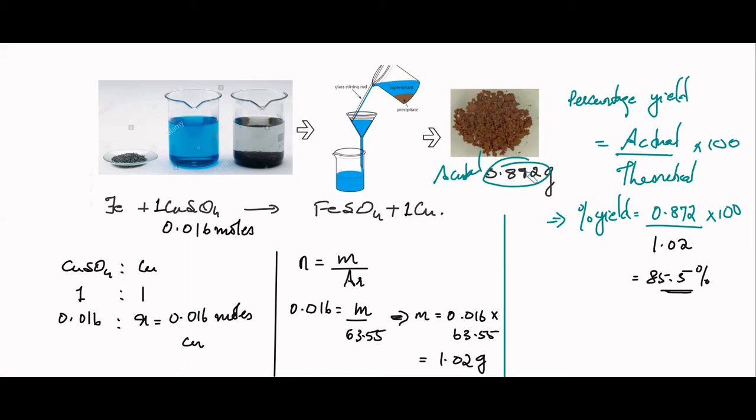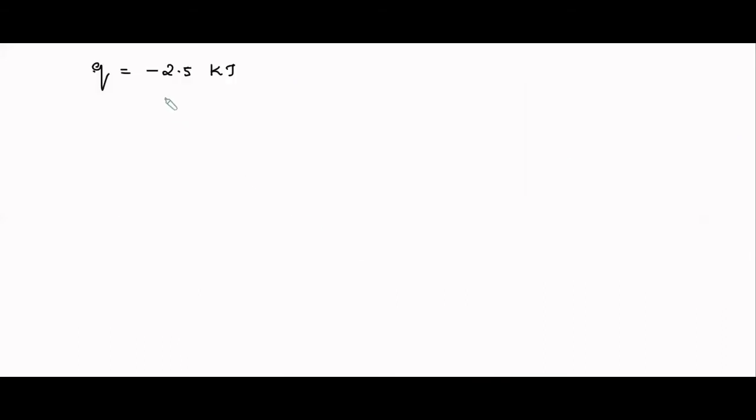Now let's see what data we get. What is the enthalpy value we get if we are using 0.872 grams? Back here, the amount of heat produced in the reaction is minus 2.5 kilojoules. Minus, obviously, because it is an exothermic reaction, so minus indicates that heat energy is getting released.